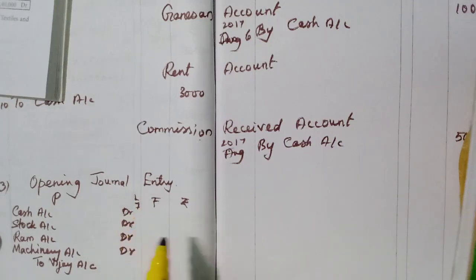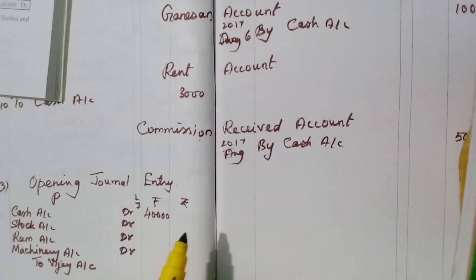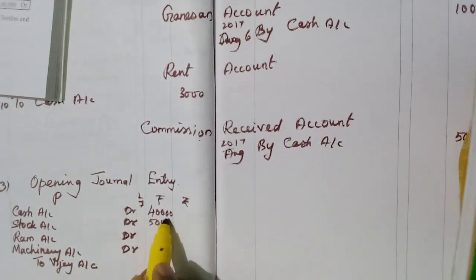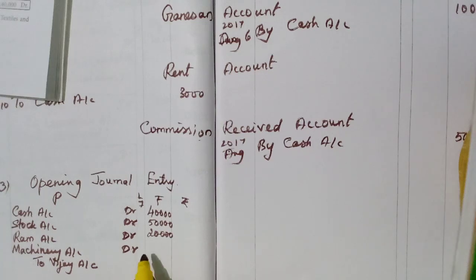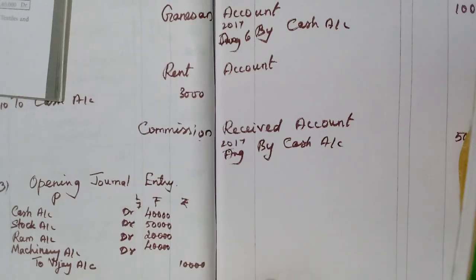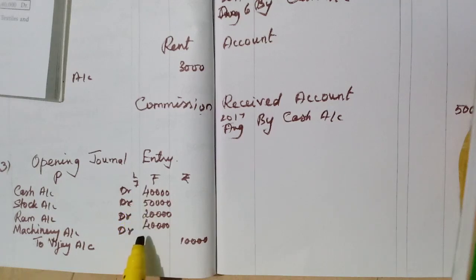Okay. Cash 40,000. Stock 50,000. Then Ram 20,000. Machinery 40,000. Now Vijay 10,000, that should be credited. Now you see, here the amount differs. Here 10,000, here many thousands, isn't it?